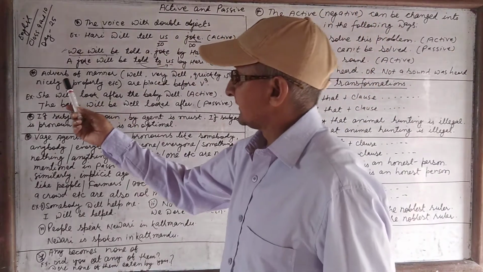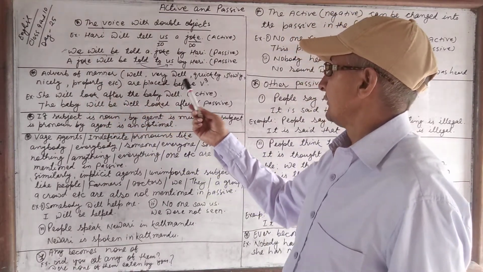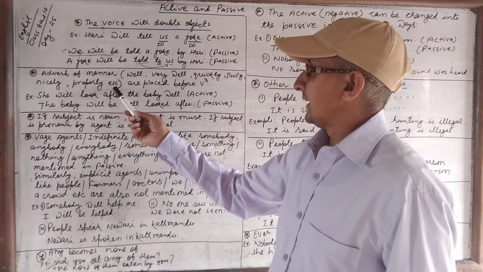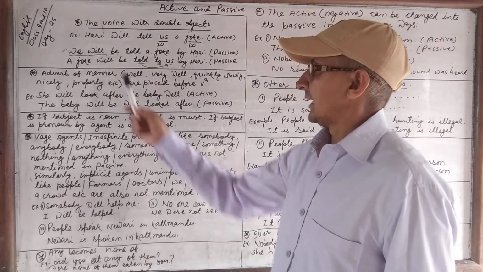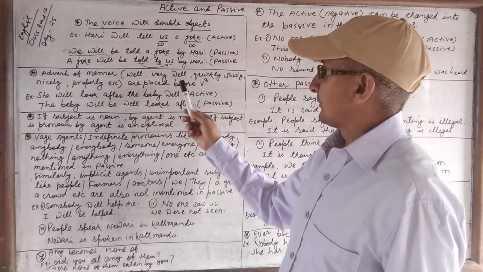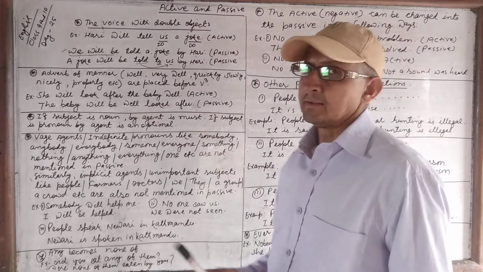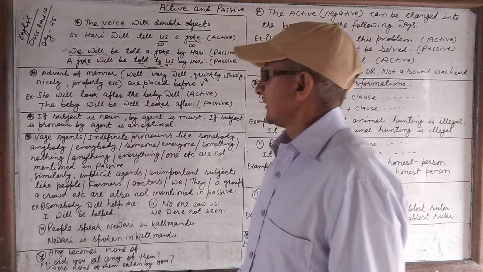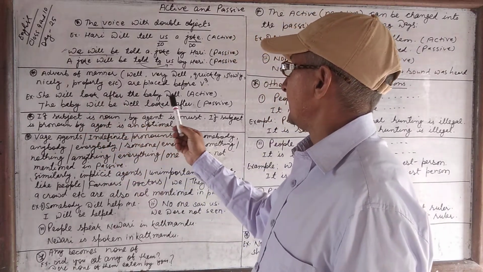Now the next rule is adverb of manner. Well, very well, quickly, slowly, nicely, properly, etc. The adverbs of manner are placed before V3 while changing from active to passive. Let's clear it with an example. She will look after the baby well.